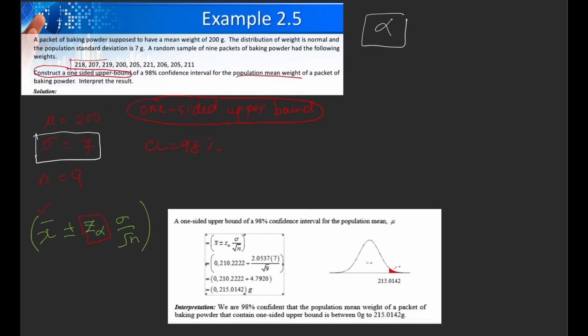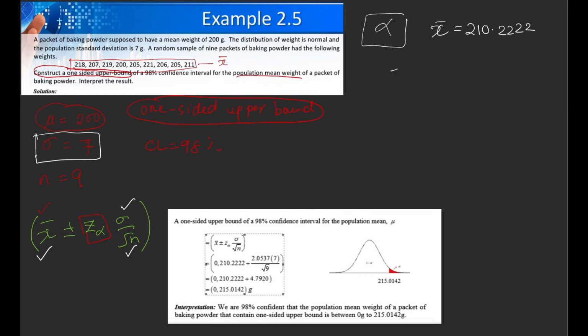Yes, you can get it from this data. They give you data, right? This one is mu. You cannot use mu, but you have to get the x bar from this data. When you substitute your data into your calculator, you will get x bar equals 210.2222. So x bar is here, and then sigma equals 7 and n equals 9.